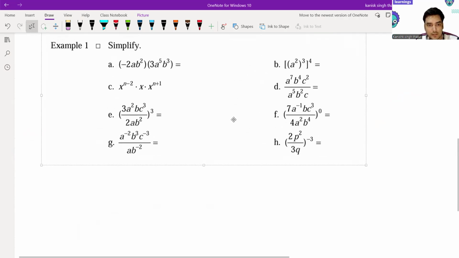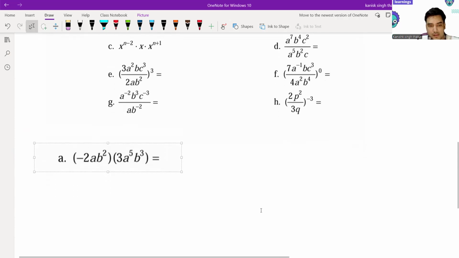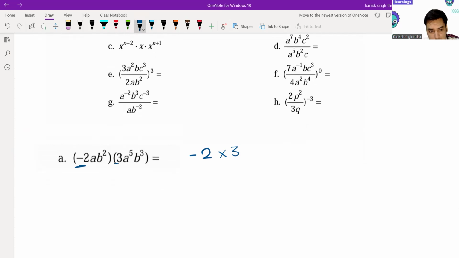The very first example is this one: minus 2 a b square times 3 a to the power 5 b cube. Look at the numbers. They are all in multiplication, so I don't have any doubt. I can just multiply. All numbers together, I'll write minus 2 times 3.